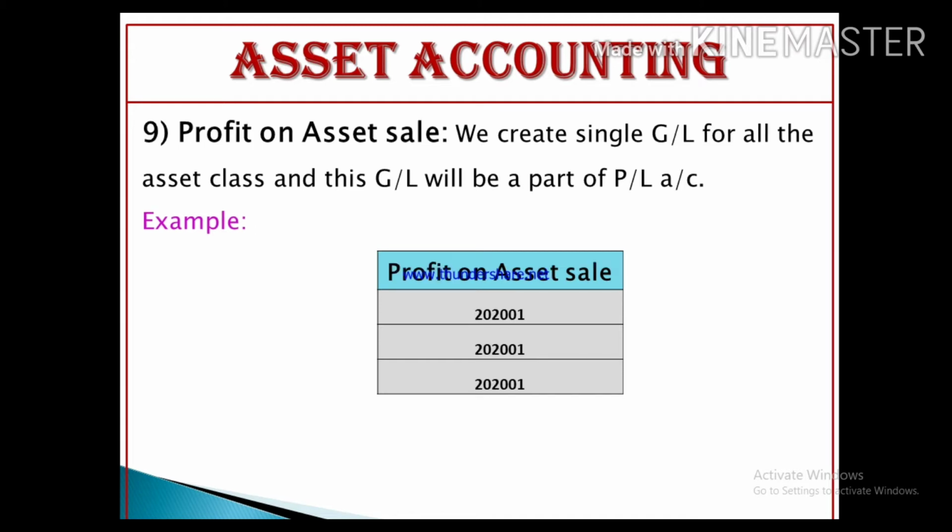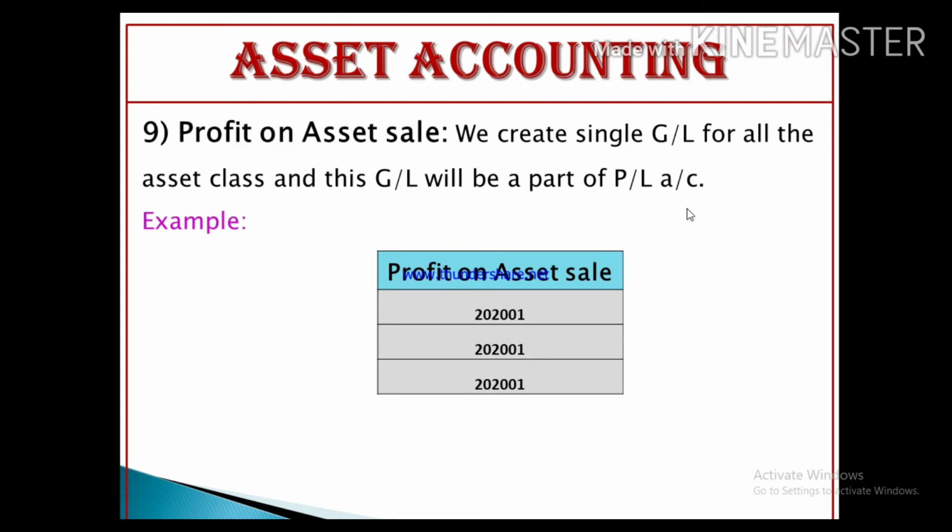Now next is profit on asset sale. We will create one more GL, that is profit on asset sale. We create this GL for all the asset sales, and this GL will be a part of the profit and loss account.